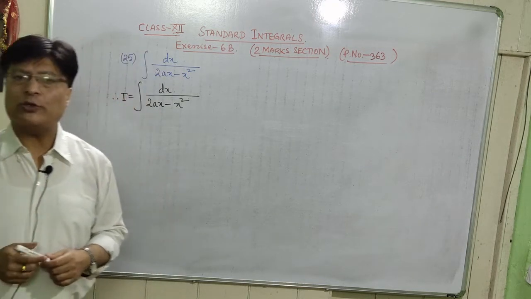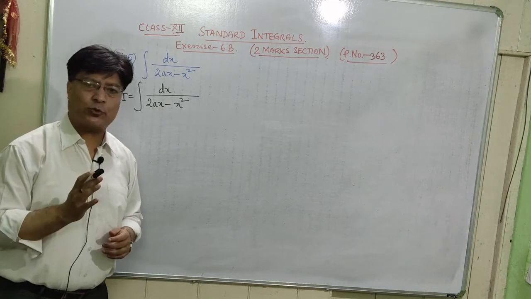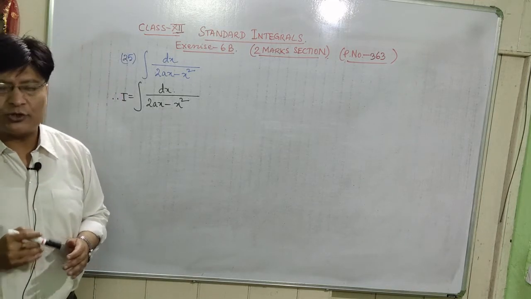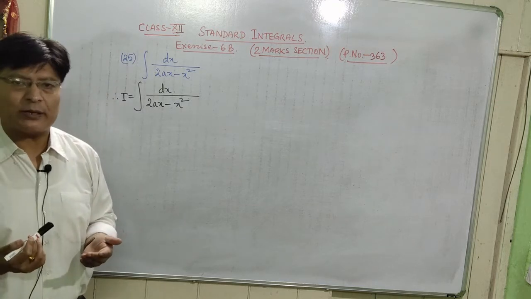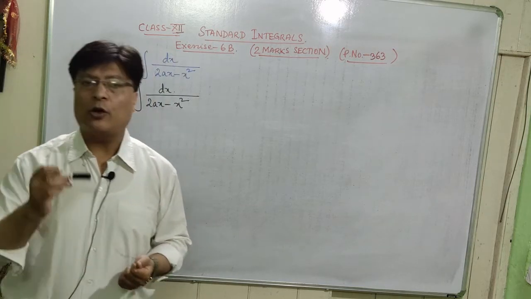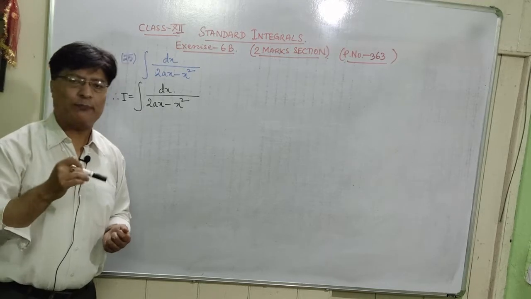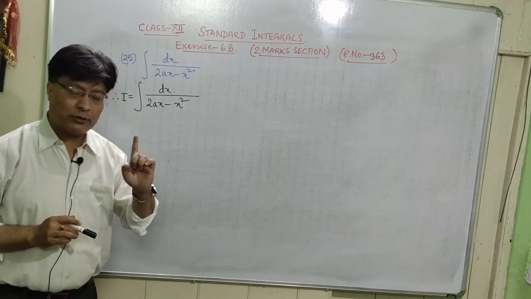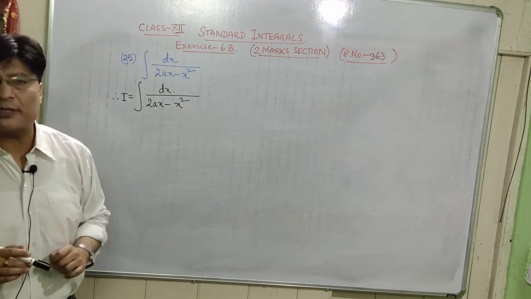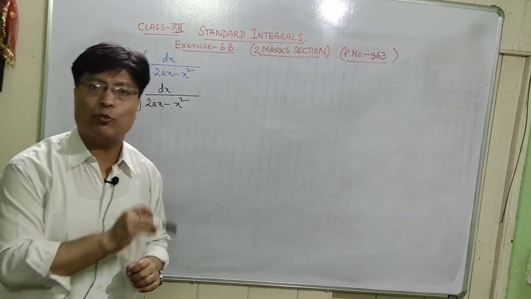So I already told you that whenever there is x square and the term containing x, you have to convert it into a perfect square form. It may be a square minus 2ab plus b whole square, or it may be a square plus 2ab plus b whole square. Okay, and always you have to make the coefficient of x square positive 1.